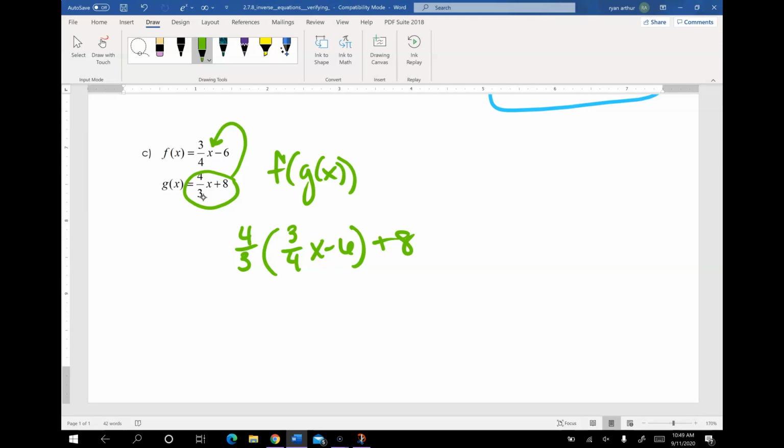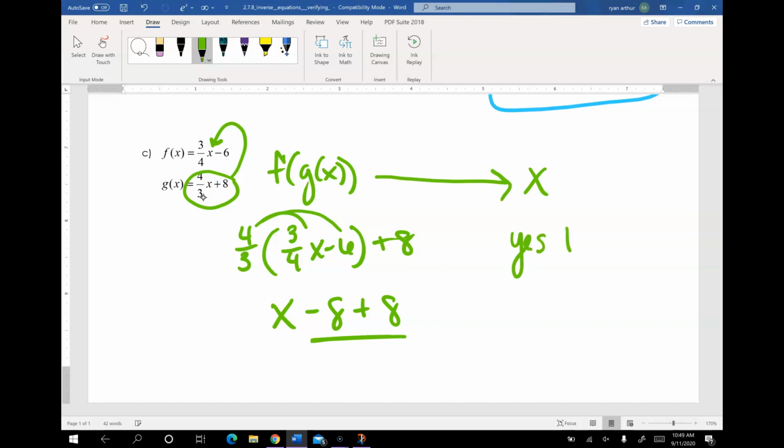Well, 4/3 times 3/4, that's 1x. We don't have to write that, we're just going to write x. Distribute again, I'm going to say 4/3 times 6. That's going to give me 8, so it's going to be minus 8, and then we have the plus 8. What happens to those two 8s? They cancel out, and we're left with x. So here, f of g of x equals x, so we can say yes, they are inverses.